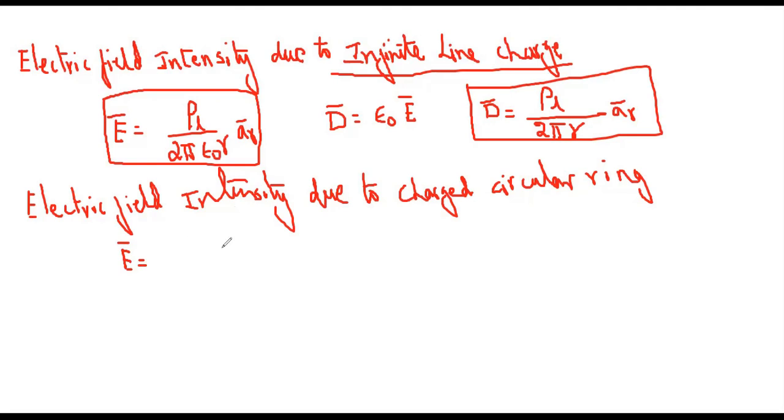E bar is equal to rho L R Z divided by 2 epsilon into (R square plus Z square) whole power 3 by 2 into AZ.